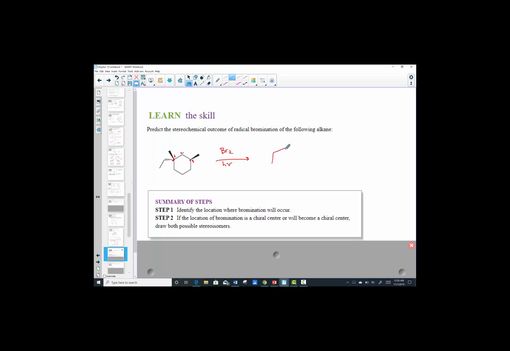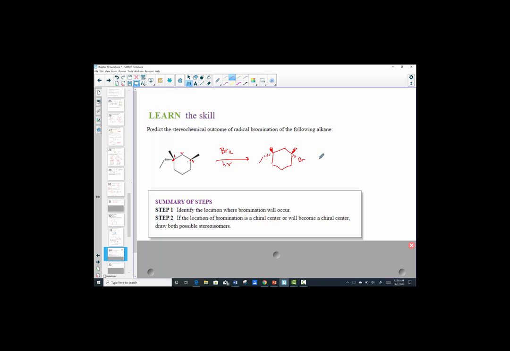And so when I'm redrawing, this side of the molecule will remain the same. So we have our methyl group as a wedge, the ethyl group as a dash, and nothing else has changed over there. The most stable configuration for the radical is over here in the tertiary position. So I'll add the bromine in both directions.